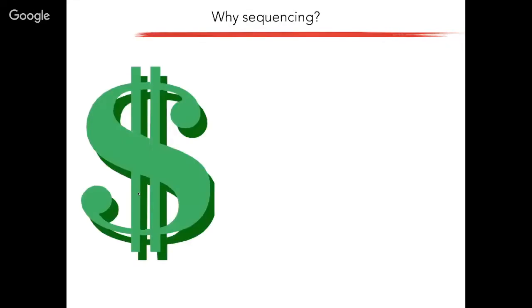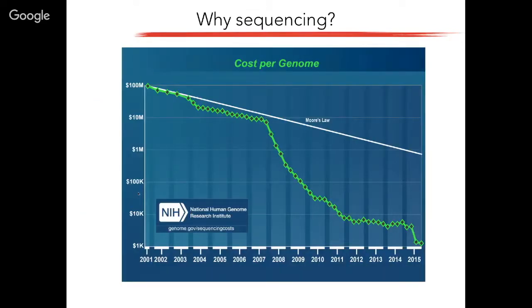So why sequencing? Because sequencing is fast and cheap, and many of you may be aware of the fact that sequencing has gotten cheap, and yet it's still striking when you look at this graph to see just how quickly DNA sequencing technology has improved. On the x-axis is time since 2001, which is when the human genome was sequenced, and on the y-axis is cost, on a log scale.